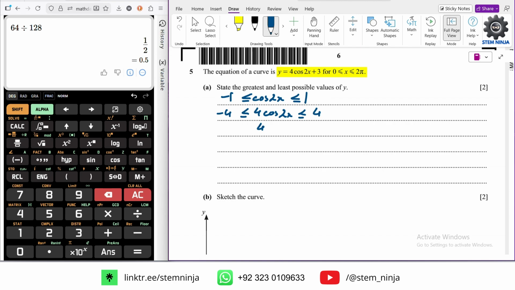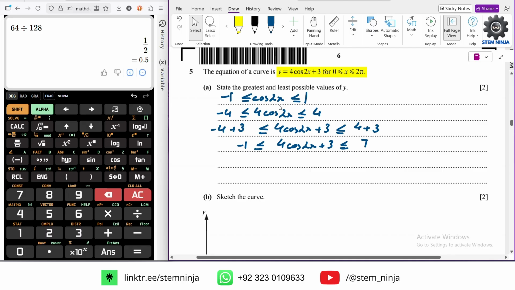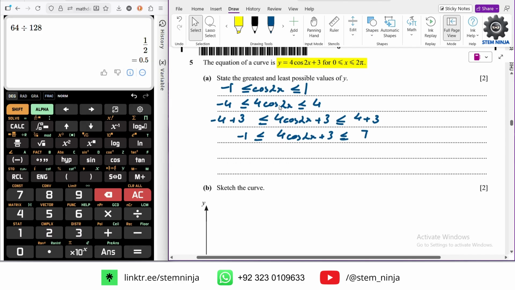When you add 3, this becomes 4 plus 3 and -4 plus 3. So this becomes -1 and 7. Okay, so that's basically the least and the maximum value.